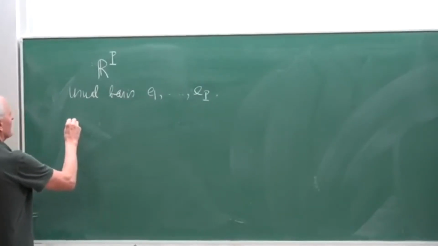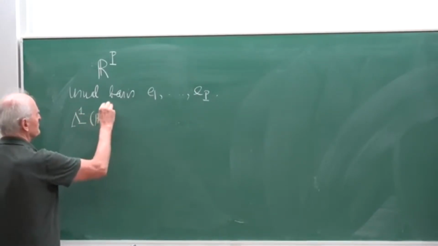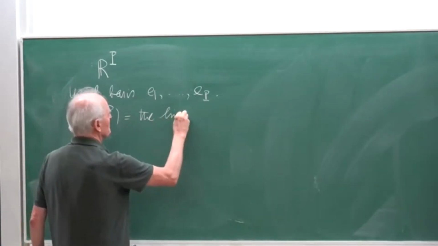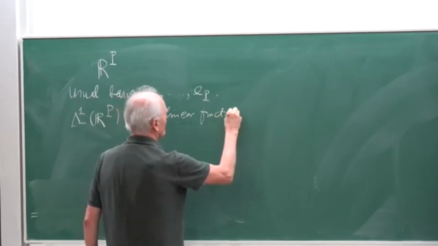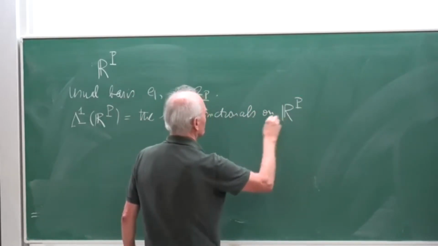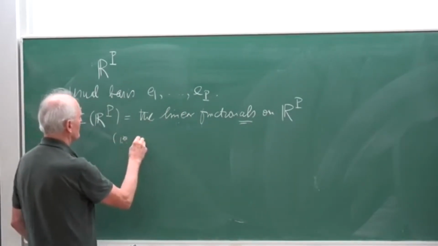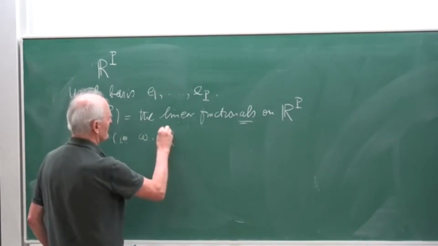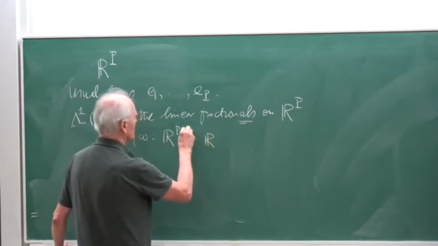And I'm going to let lambda 1 of Rp be the set of real linear functionals on Rp. Functional means real valued, right? That is, the set of omega from Rp to R which are linear.